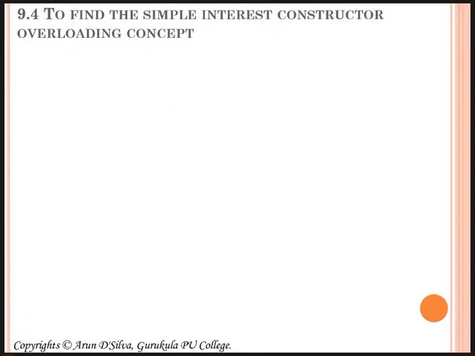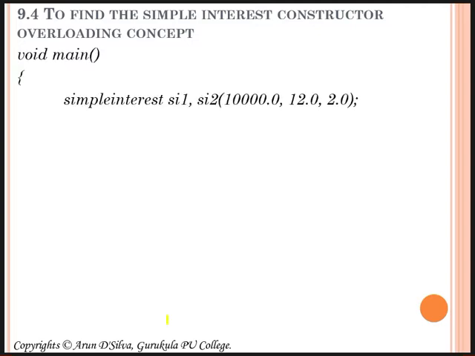Now moving to the main function, I have created a main function with the void return type specifier, and I have created here 2 objects of the simple interest class, that is SI1 and one more is SI2.